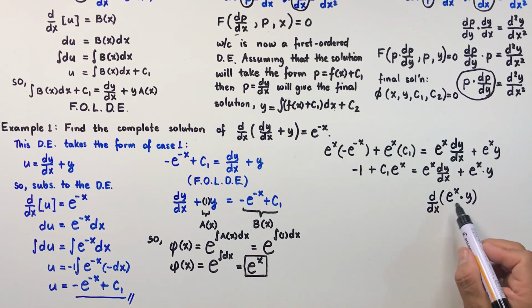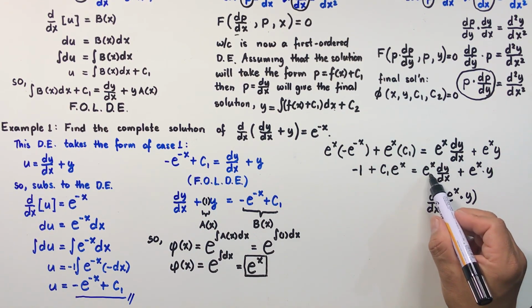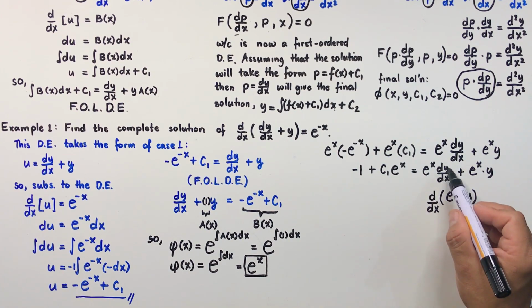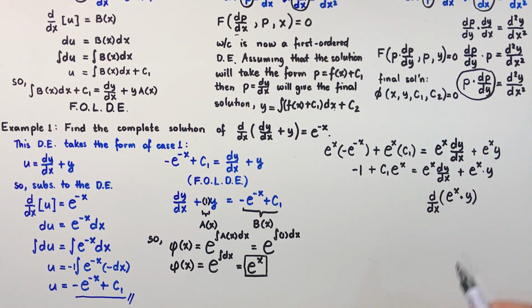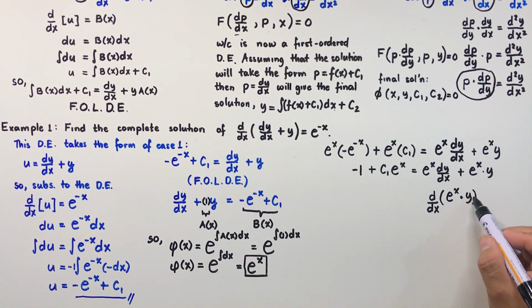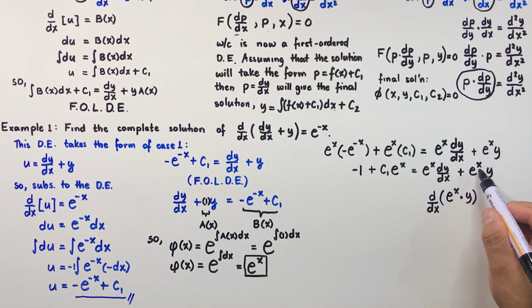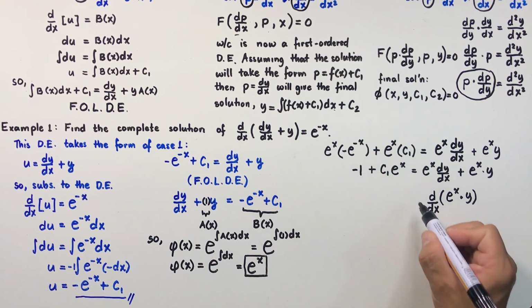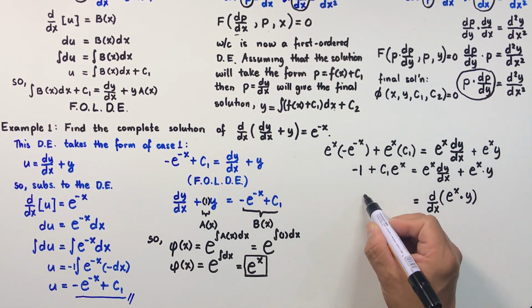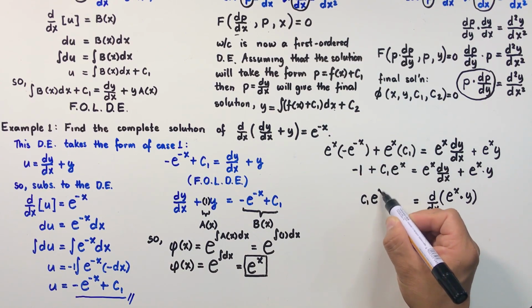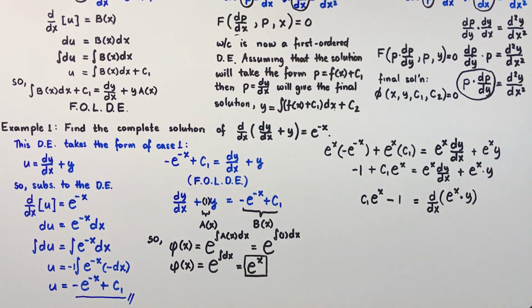And you can check that this is e to the x times the derivative of y with respect to x plus y here times the derivative of e to the x, which is e to the x. And this is equal to c sub 1 e to the x minus 1 at the left.